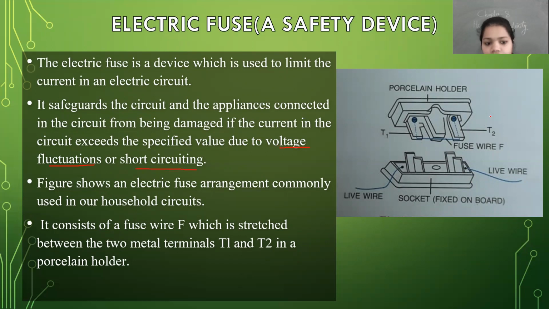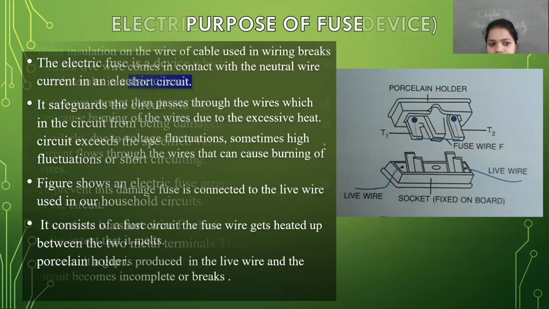You can see the fuse in this diagram. It consists of a fuse wire, which you can see in blue color, stretched between the two terminals T1 and T2 and put into a porcelain holder. Now, how does it work?